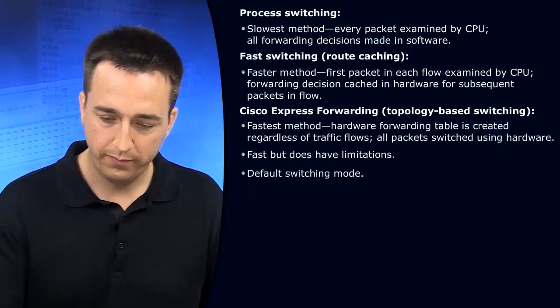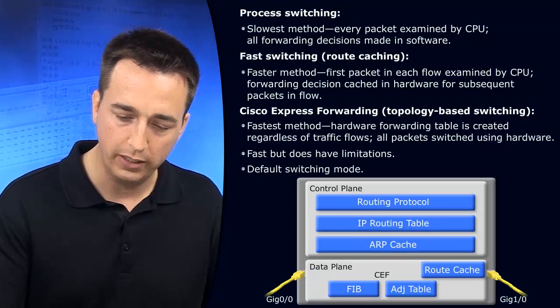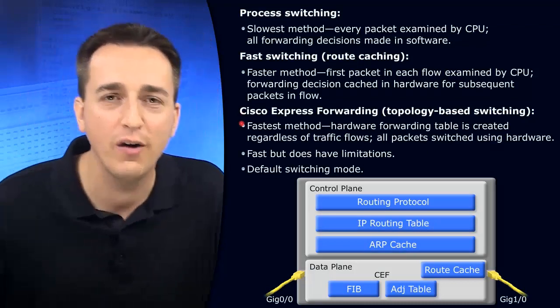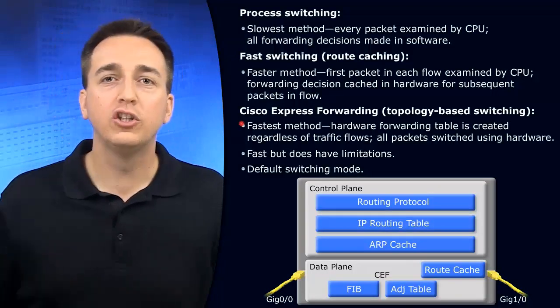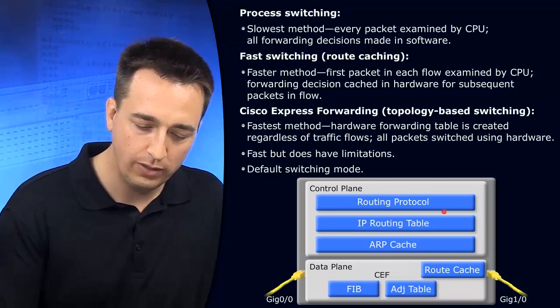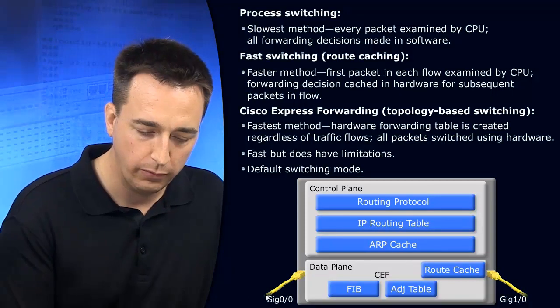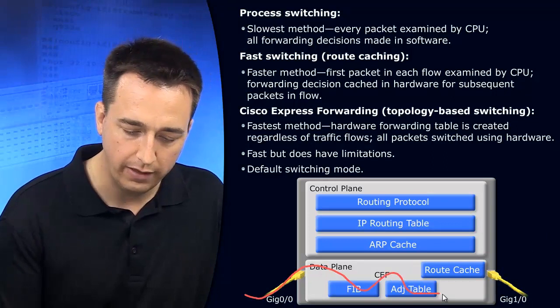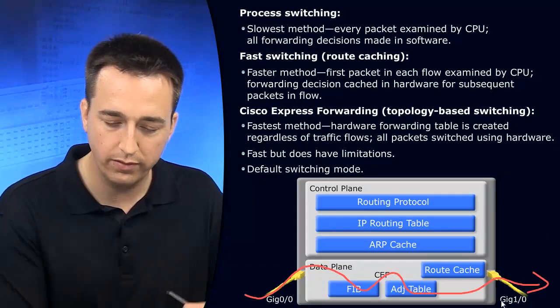So CEF is what you want to be using. It's the fastest method, hardware forwarding, switching those packets from the ingress interface to the egress interface really, really quickly by simply looking at the tables that are down in the data plane.